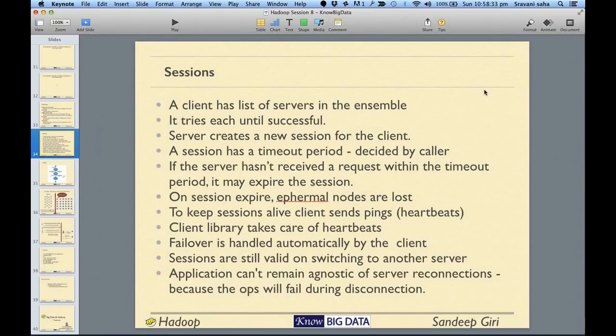Every node contains that number. So a node containing older state will have a smaller version number, while the node containing the latest version will have a bigger version number. Based on that, the node with a smaller version will synchronize the data from the node with the higher version. All right.